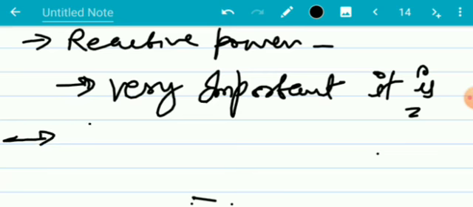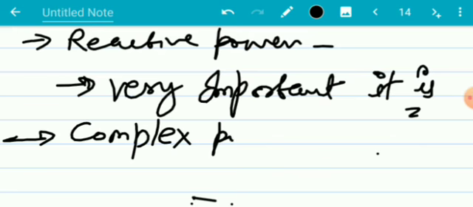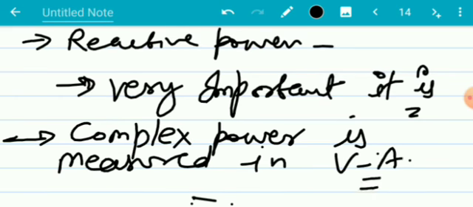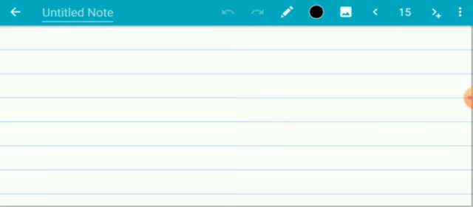There is one more piece of information we were left with, that is the complex power is measured in volt ampere. Now there is one more thing here, that is the power triangle.